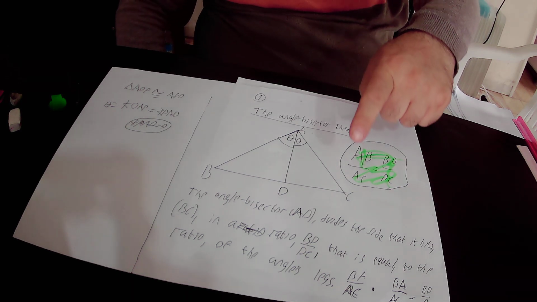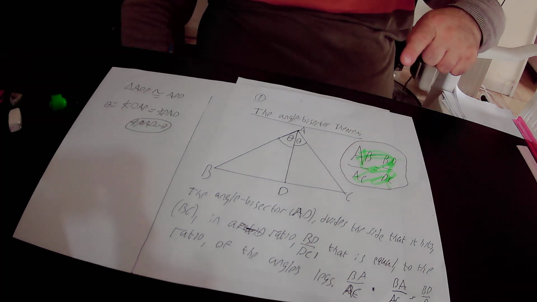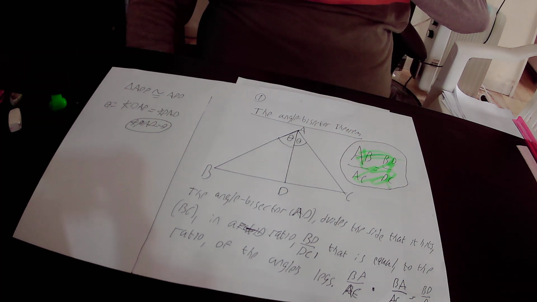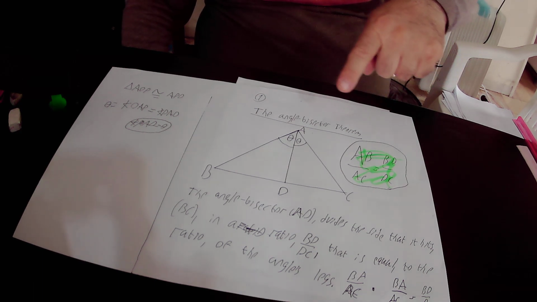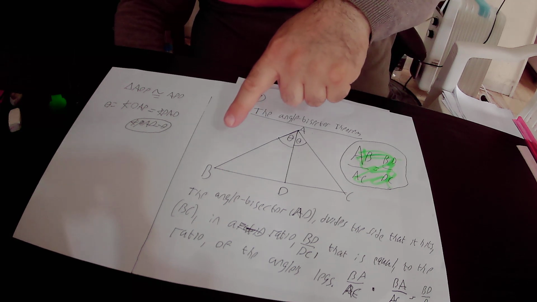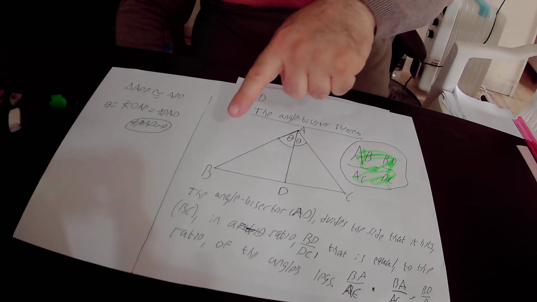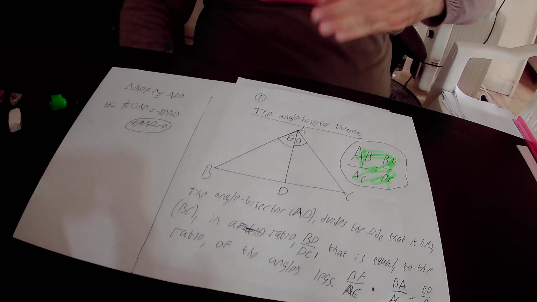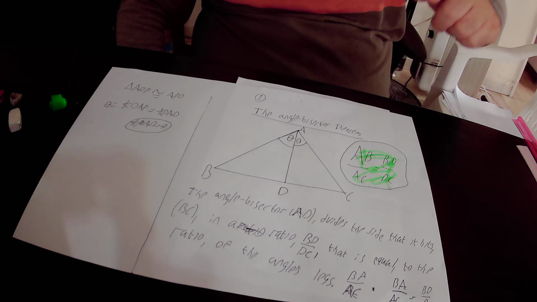So that ratio, BD over DC, equals the ratio between the angle's legs. We are talking about the angle that has been bisected into two halves, angle BAC, and the legs of angle BAC are BA and AC, so the ratio between those two legs is AB over AC.